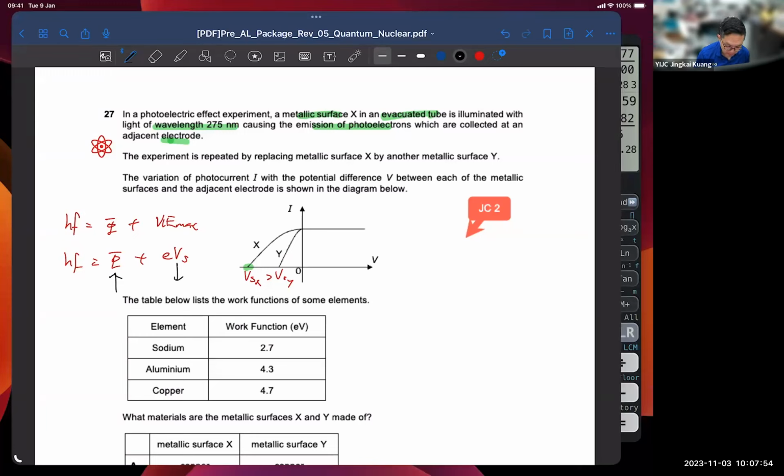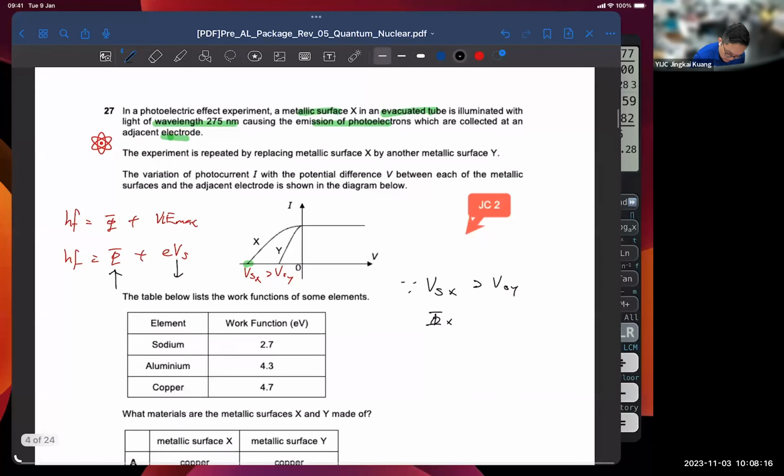So because stopping potential for X is larger than stopping potential of Y, I can therefore conclude that the work function of X is larger or smaller than Y? Smaller than Y.